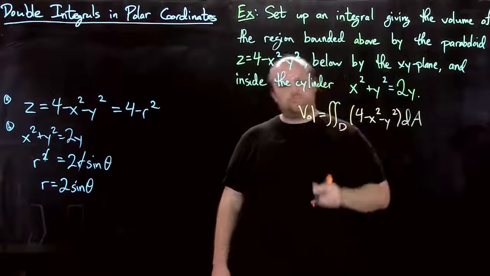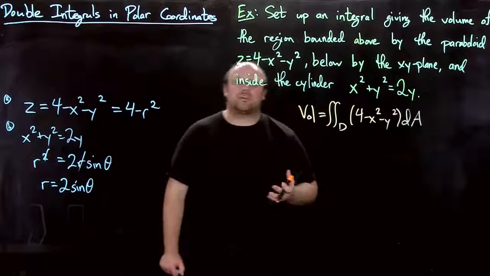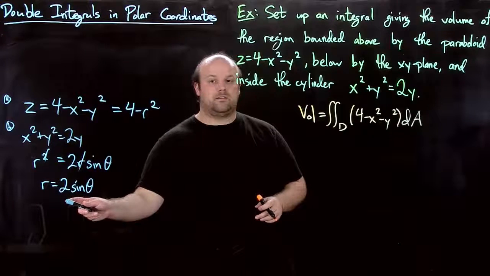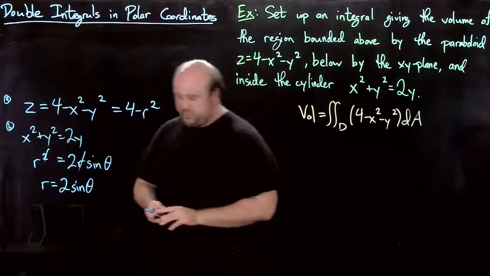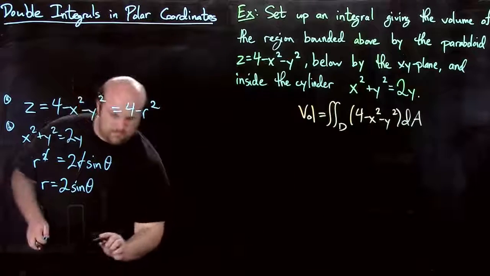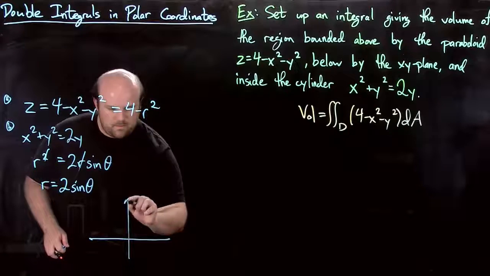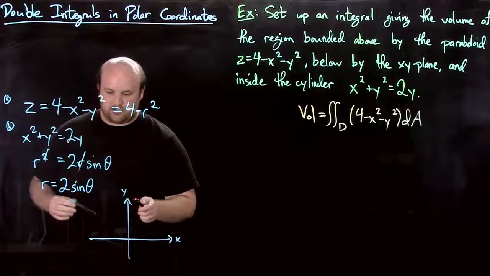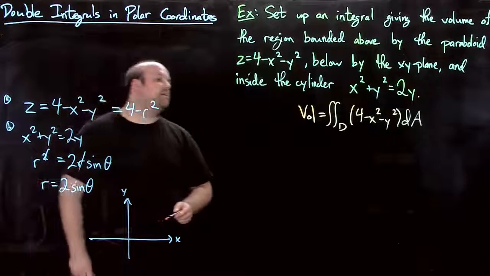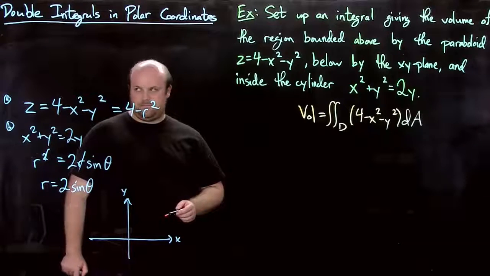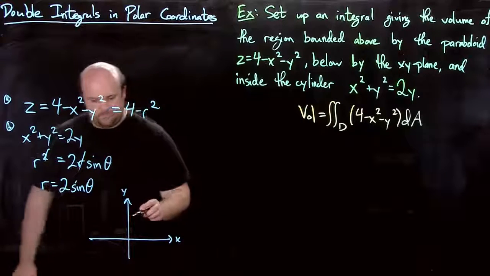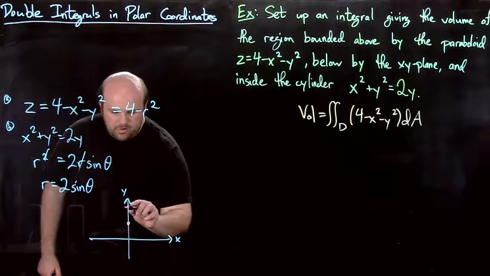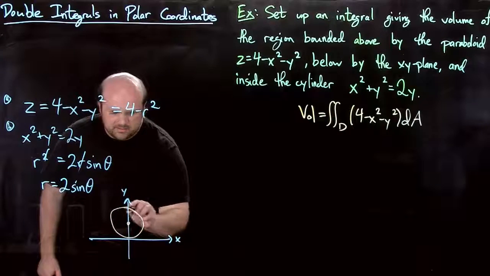But this isn't going to work out so well in Cartesian because of this region here. That region is a circle of radius 1 centered at 1 on the y-axis.